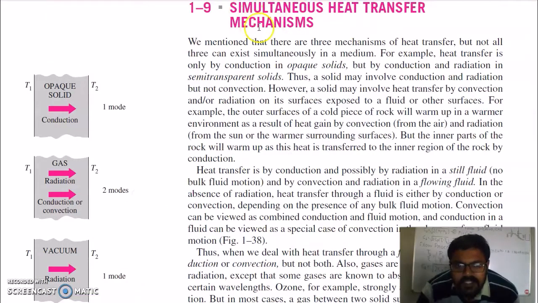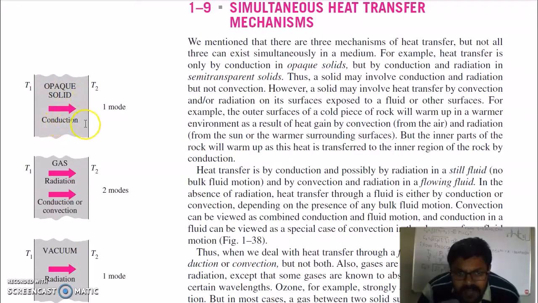Simultaneous heat transfer mechanisms. We mentioned that there are three mechanisms of heat transfer, but not all three can coexist simultaneously in a medium. For example, heat transfer is only by conduction in opaque solids. You can see here, this is an opaque solid, so only conduction is possible. Thus a solid may involve conduction and radiation, but not convection. Within a solid, conduction and convection is possible, but not radiation.